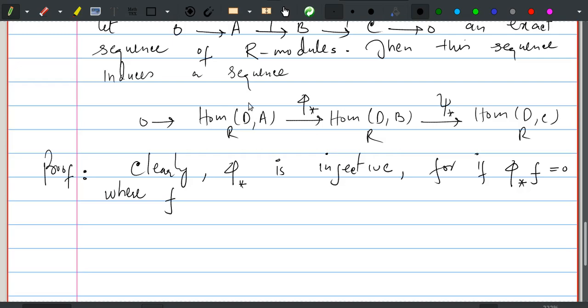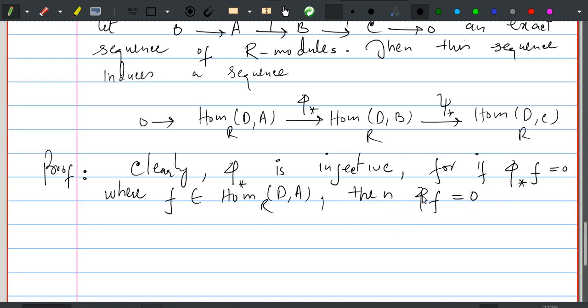F being an element here means F is a module homomorphism from D to A, where F is in Hom DA. Now if phi star F is 0, then by definition of phi star, F is the same as phi F, as we have mentioned earlier. So phi of F is 0. This is the definition of phi star.